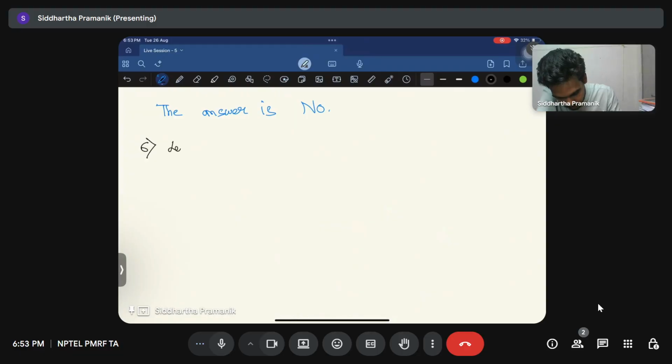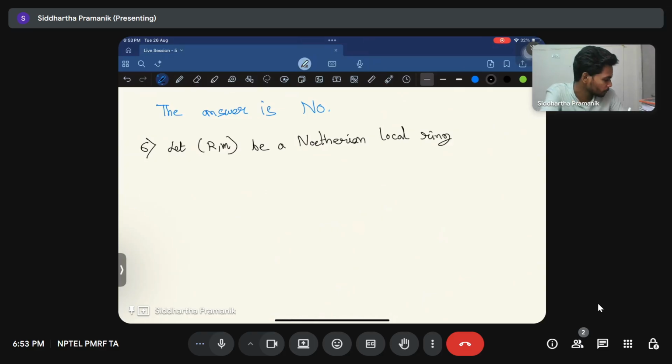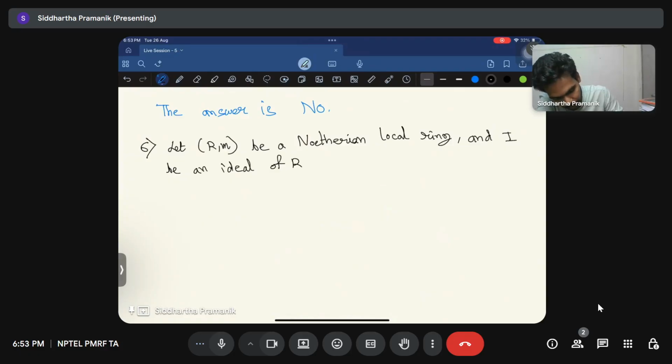So let (R, m) be a Noetherian local ring and I be an ideal of R such that the radical of I is m. So the radical of I is m, that will imply that I is m-primary.